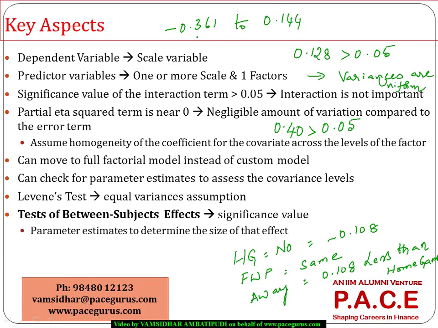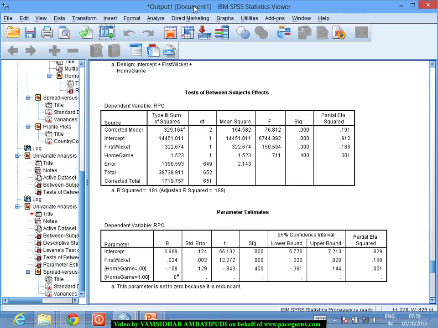So there is a possibility that the difference between the runs per over in the home and away games could be below or even above zero. That is one of the prime reasons we don't have sufficient evidence to conclude that the home games' runs per over is more than the away games' runs per over, provided the first wicket partnership is the same across both the groups.